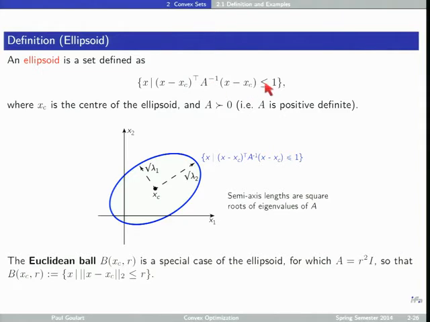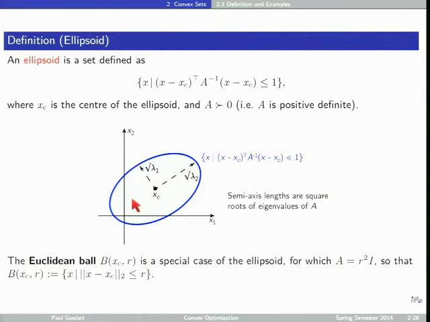This gives me some ellipse, the blue curve here. And if I make it an inequality, I get everything inside, which is a convex set. We didn't prove that it's a convex set, but you can try to prove it yourself. It's not that hard.